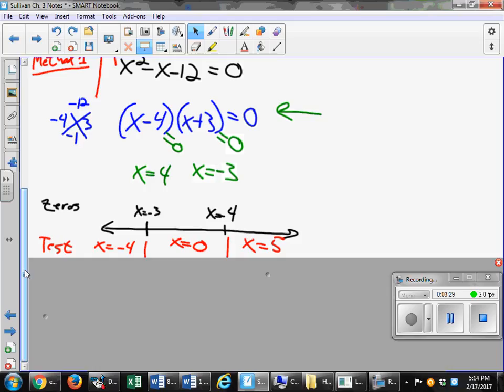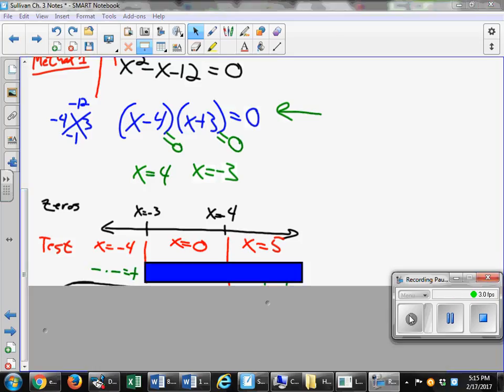Negative 4 minus 4 is negative 8, that's negative. And if I put negative 4 in the other factor, negative 4 plus 3 is negative. So I have a negative times a negative, which is positive.